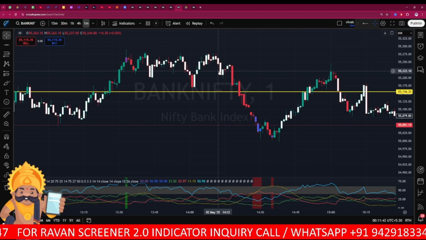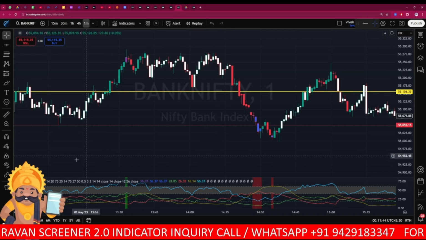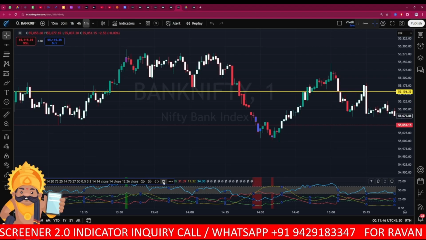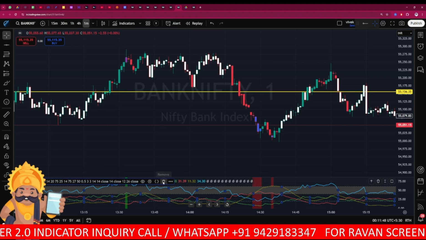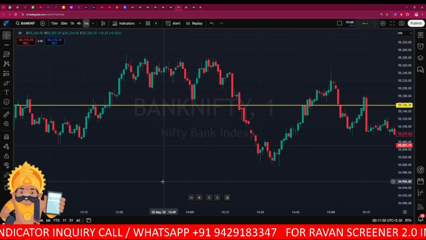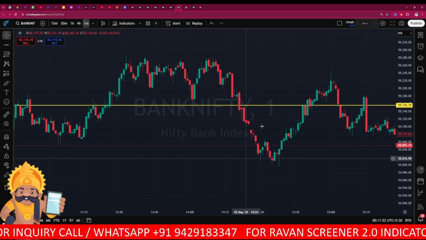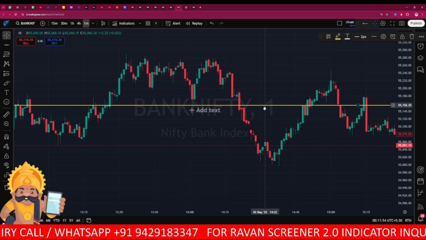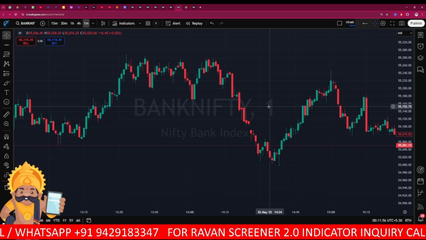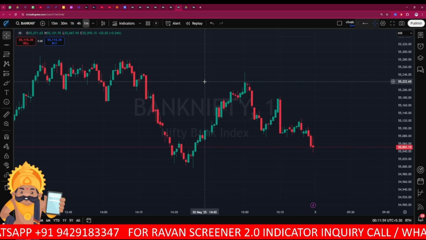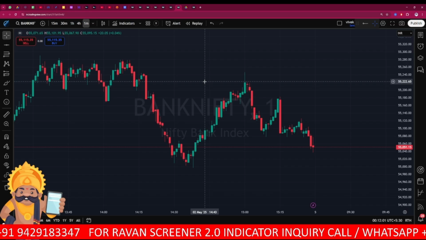Once you delete it, the indicator will be removed, and the supporting indicator will also be removed. Make sure you clear your chart. It is mandatory to clear your chart; only then can you apply our indicator.